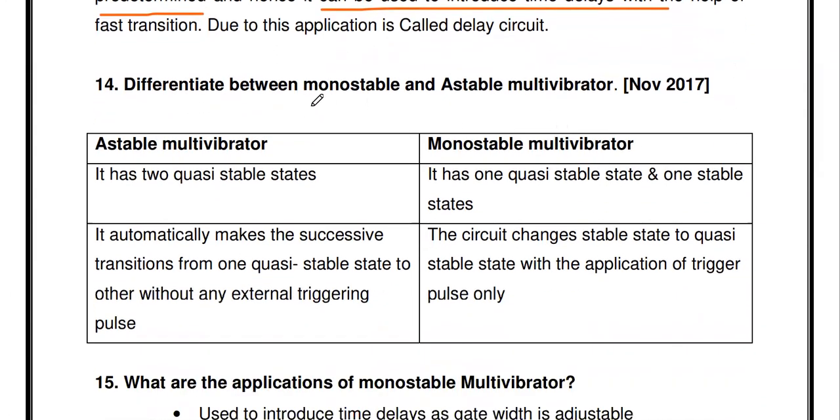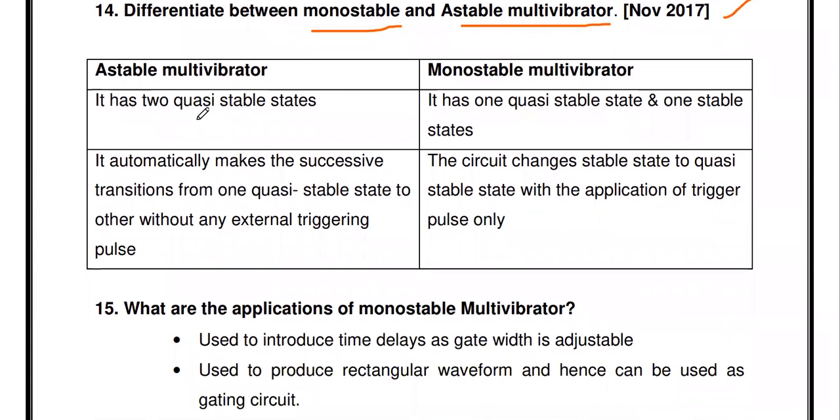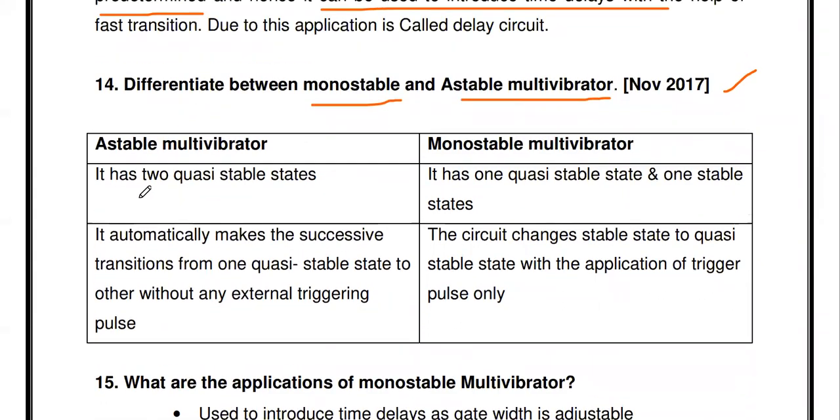Then, differentiate monostable and astable multivibrator. It's a November 2017 question. An astable multivibrator has two quasi-stable states. Monostable has one quasi-stable state and one stable state. And astable automatically makes successive transitions from one quasi-stable state to another without any trigger pulse.